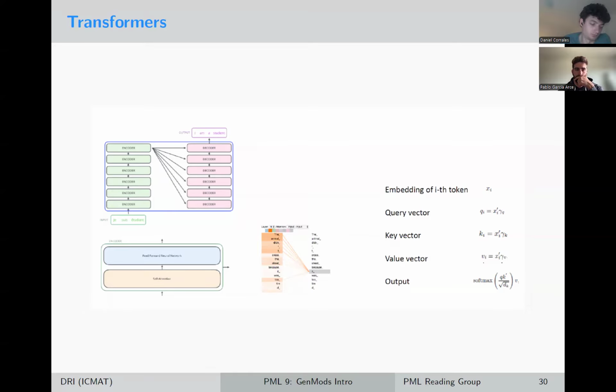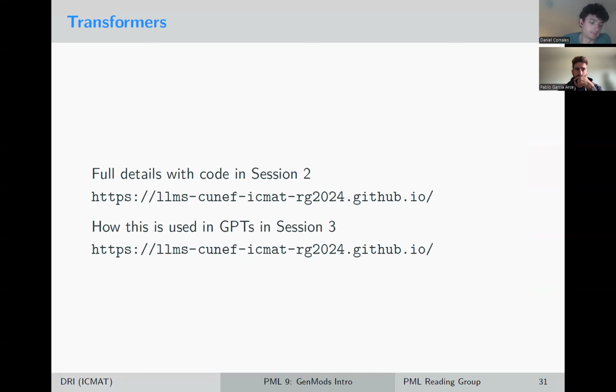We have full details with code in session 2 that Roy gave like 2 years ago, and how this is used in GPTs in session 3 of like 2 years ago, given by Carlos.